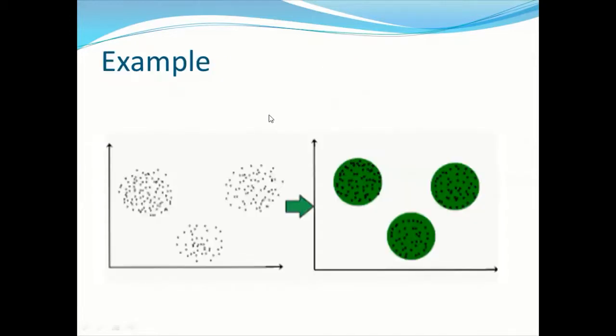So here we can see an example of clustering in which we can see on the left hand side that we have some data points plotted, and when any clustering algorithm is applied on these data points, the model automatically predicts basically 3 groups in this case on the basis of similarity of the data points in one group and dissimilarity with the other group.